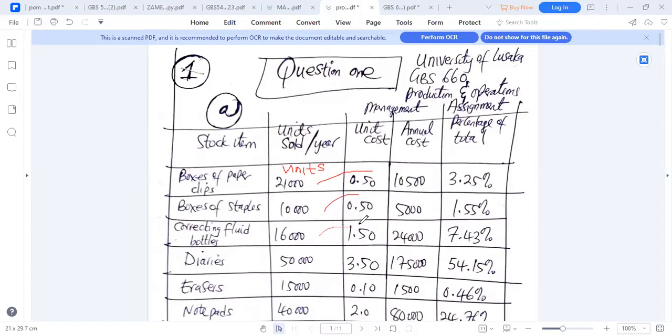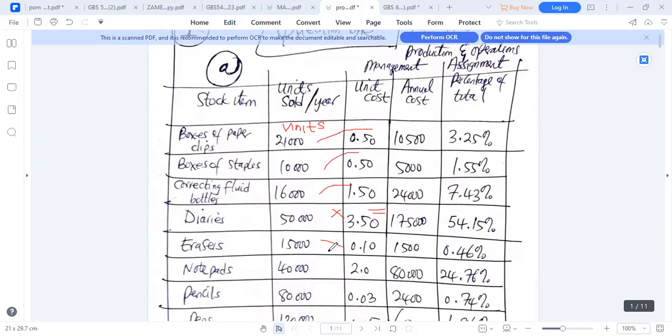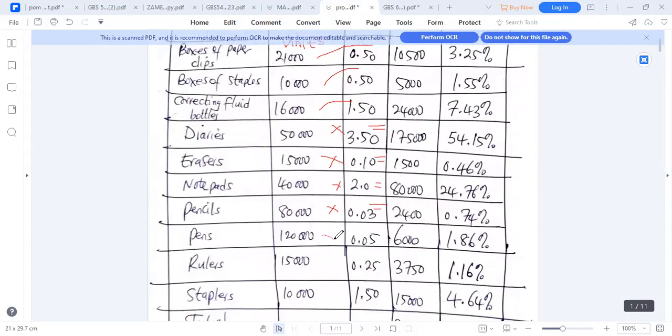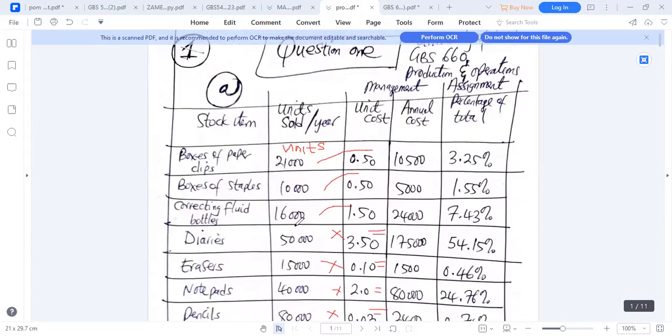So this one is 16,000 by 1.5, which is 24,000. We are multiplying to get the other ones, to get the amount, which is the annual cost.